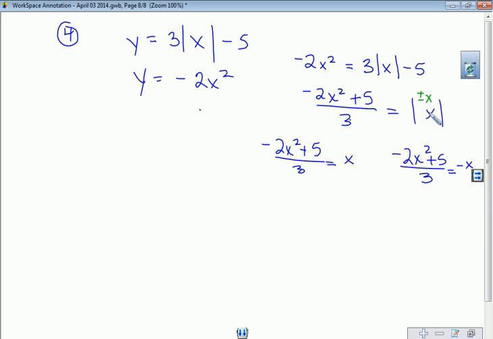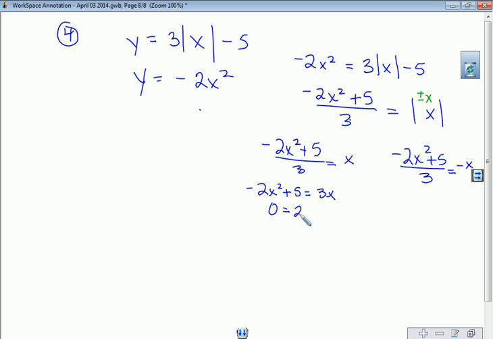What's the absolute value of positive x? Positive x. What's the absolute value of negative x? Positive x. So why would you set it equal to the negative x? Because if I don't, then I'm neglecting one whole side. Absolute value of positive and negative x is x. It's very simple.